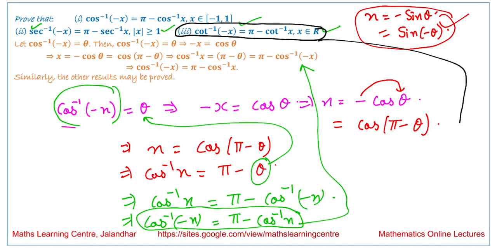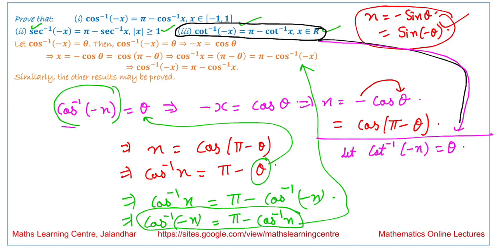Now look at the case when we are talking about cot inverse of minus x. I am saying let cot inverse of minus x be equal to theta. Suppose I am considering x is greater than 0, then minus x will be less than 0.